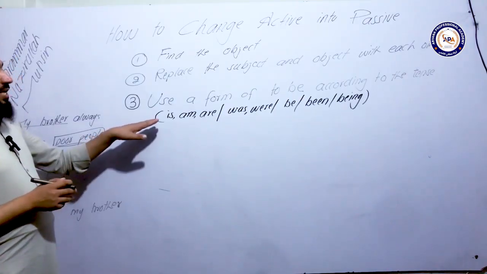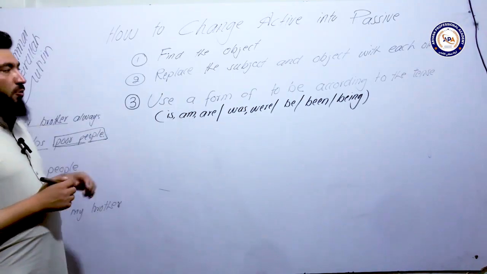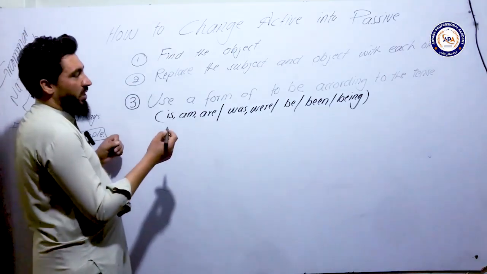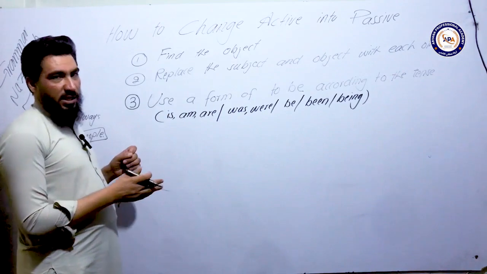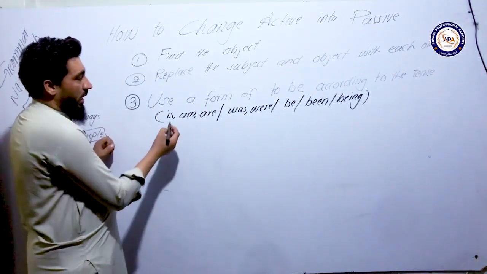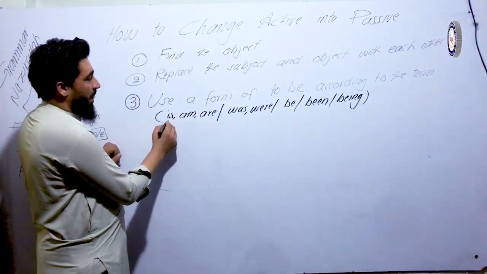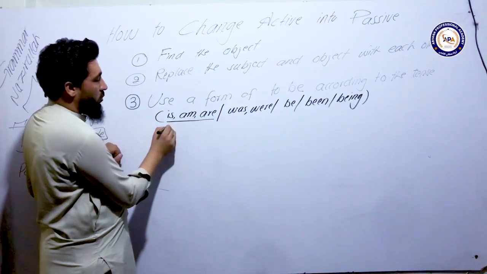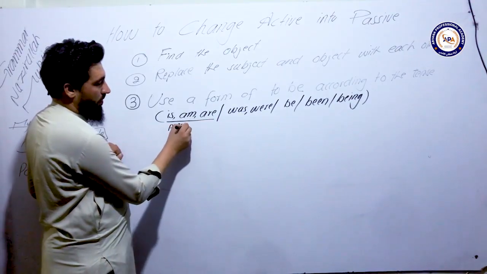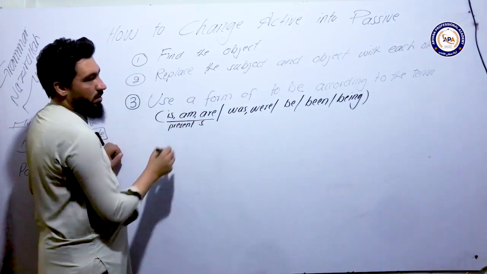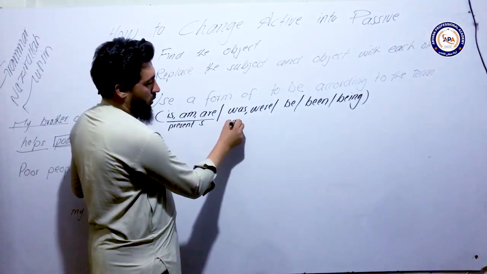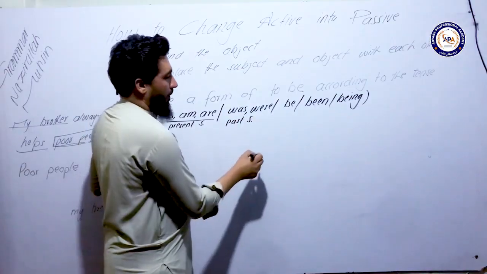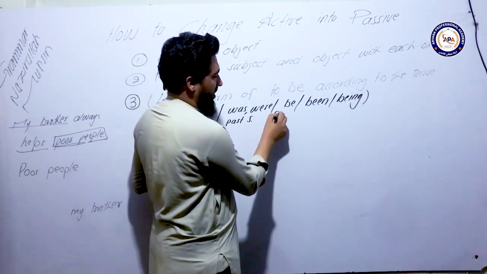And while taking the decision of using one of these forms, you have to think whether it is a continuous tense, a perfect tense, or simple tense. In present simple, is, am, are are used. Was and were are used in past simple. Be is used in future simple.